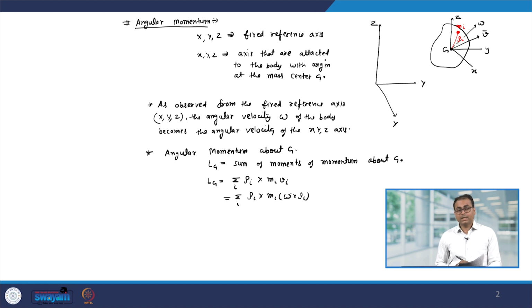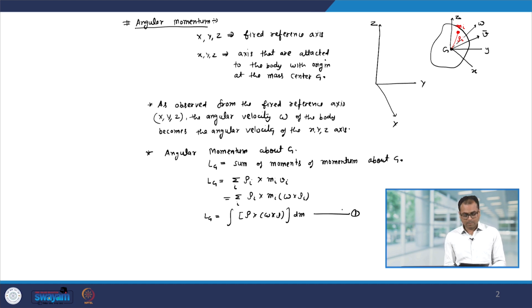Note that omega is independent of i, because the body is rotating about G. Therefore, I can write the summation as an integral, so Lg is the integral of rho cross omega cross rho dm. Let us call it equation number 1.